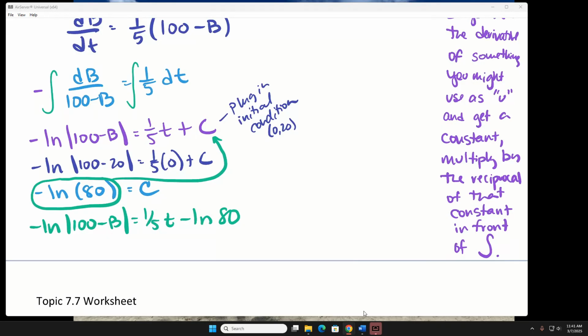Okay. Now, this is a logarithmic equation, and I am going to need to write it in exponential form to solve, but because this negative is in the front, I'm actually going to need to divide through by a negative first. Then I'm going to write in exponential form.